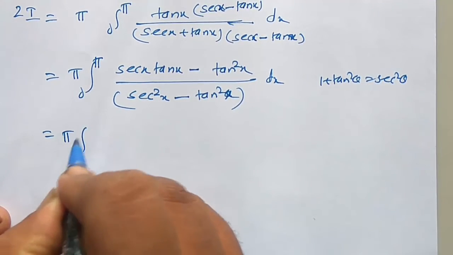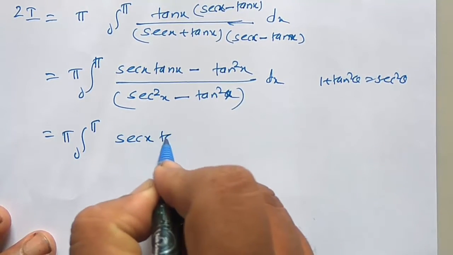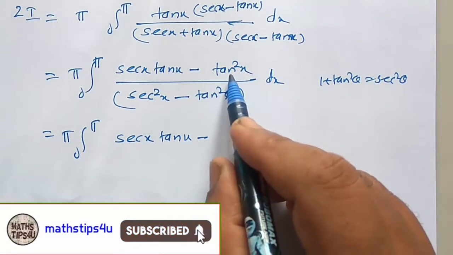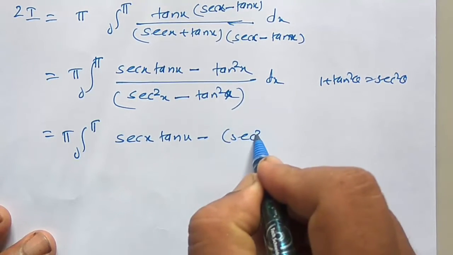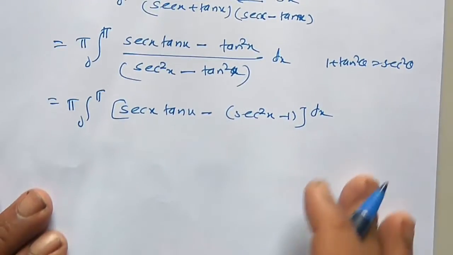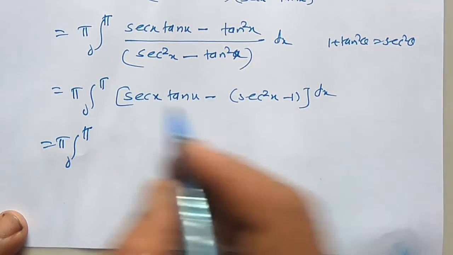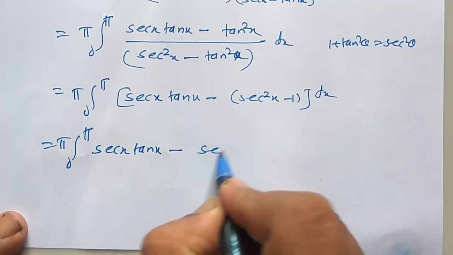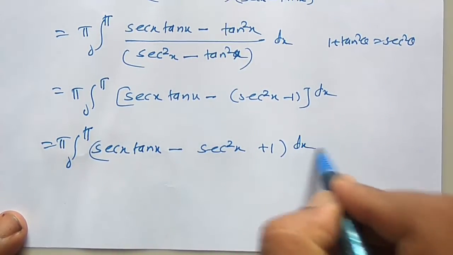So pi times integral 0 to pi of sec x tan x minus, now by the identity tan square x is equal to sec square x minus 1, (sec square x minus 1) bracket complete dx, is equal to pi times integral 0 to pi of sec x into tan x minus sec square x, minus minus plus 1 dx.